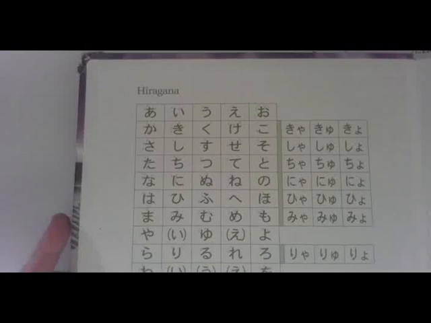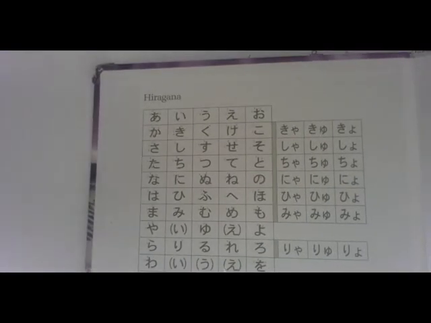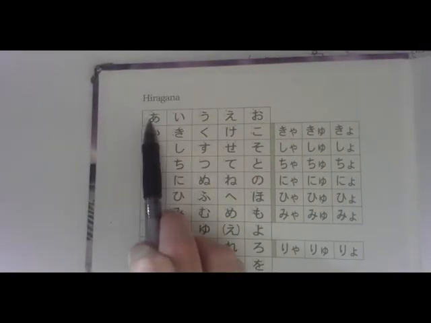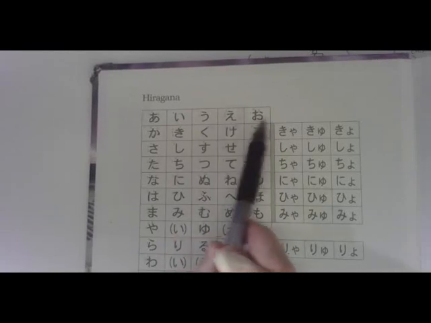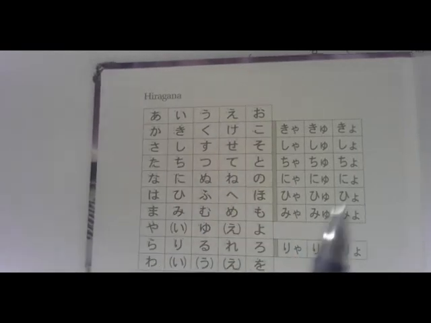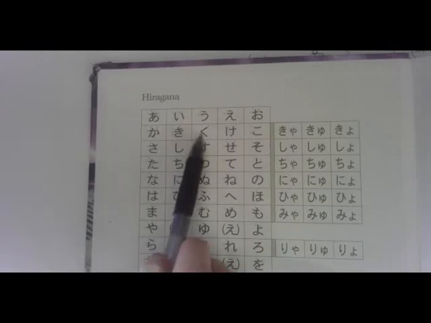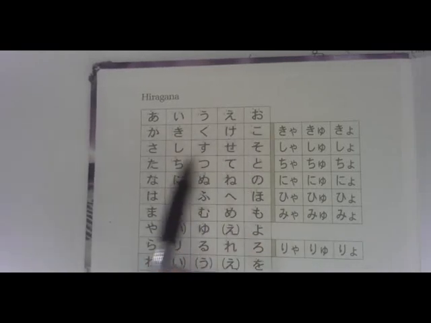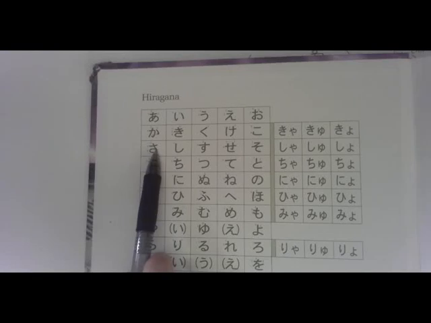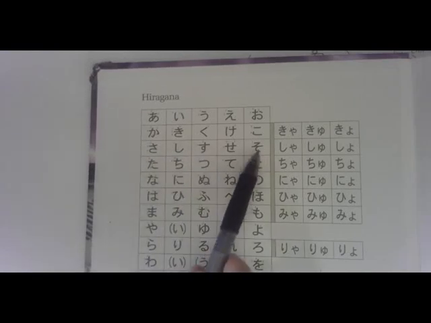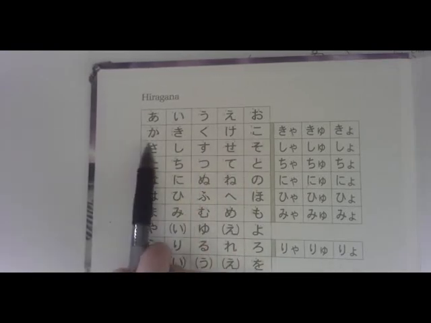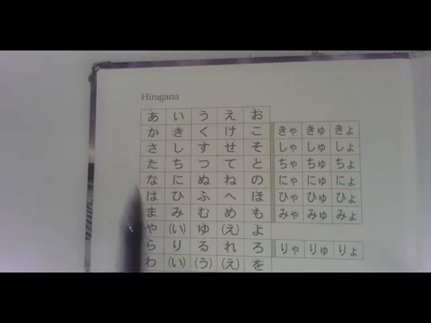And here's a hiragana chart. At the top are the 5 vowels, a, i, u, e, and o. And then the next line is ka, ki, ku, ke, ko. And the one after that is sa, shi, su, se, so. So you have to learn these 10 hiragana and how to write them.